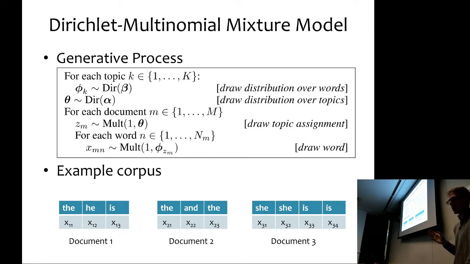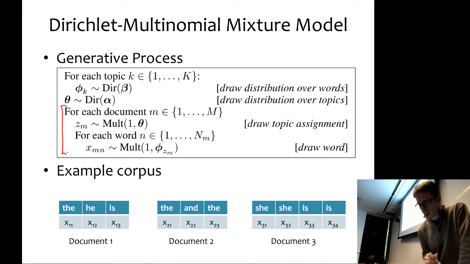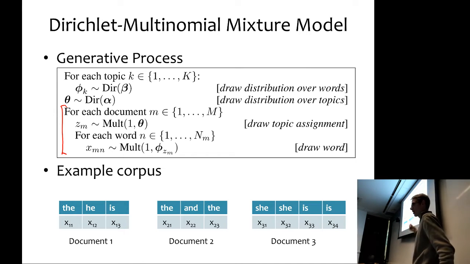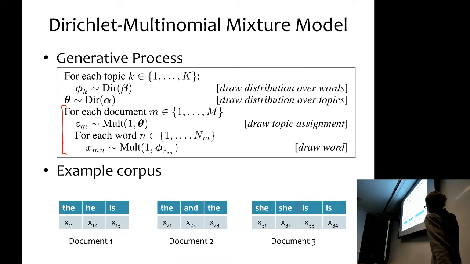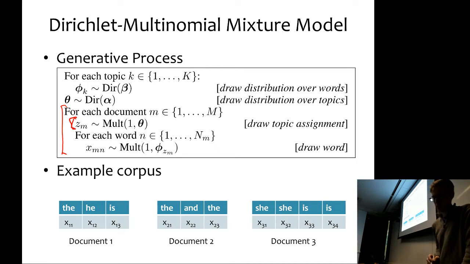What we can think about now is a different generative story for the Dirichlet multinomial mixture model. This is different because now we're going to say for each document of, say, a set of M documents, we're going to draw a topic for that document.